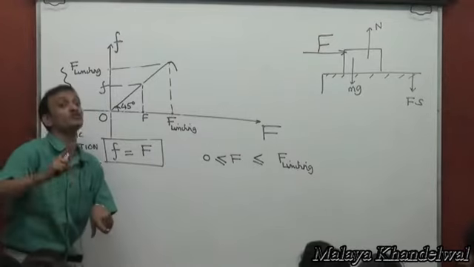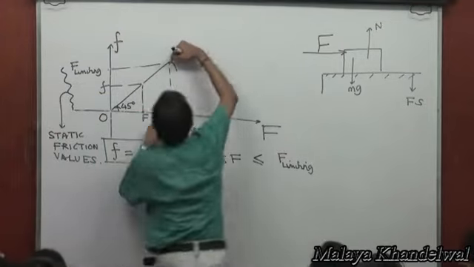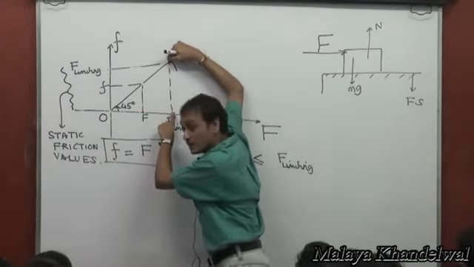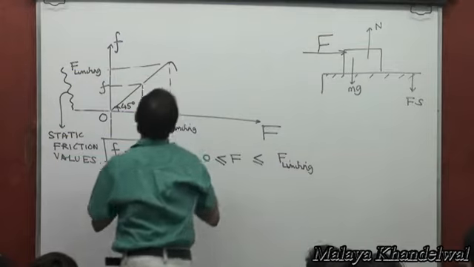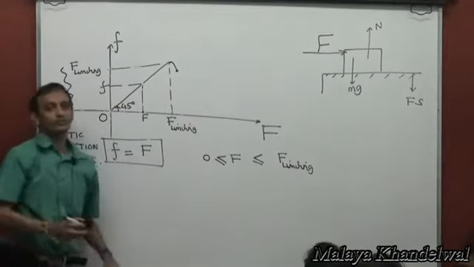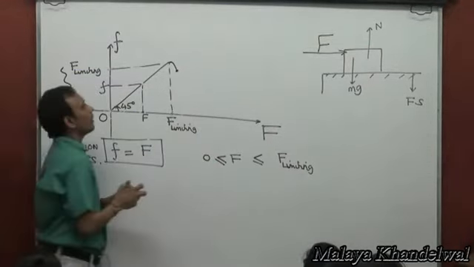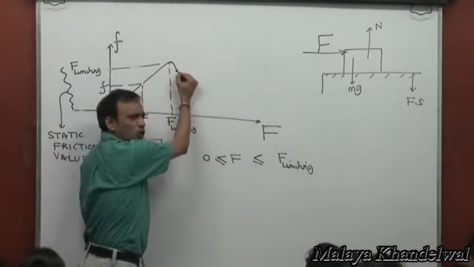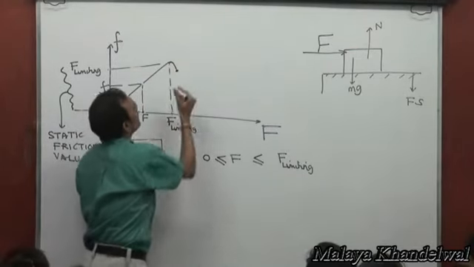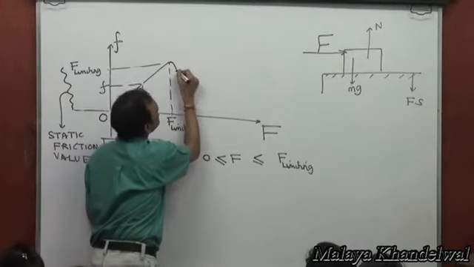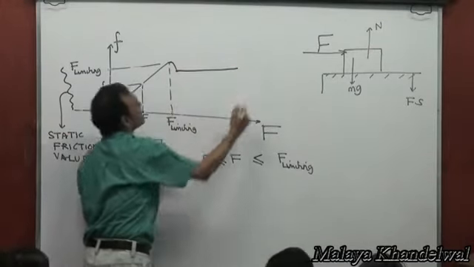The frictional force would have fallen below this maximum value, and after it has fallen by a small amount, it remains practically constant after that.